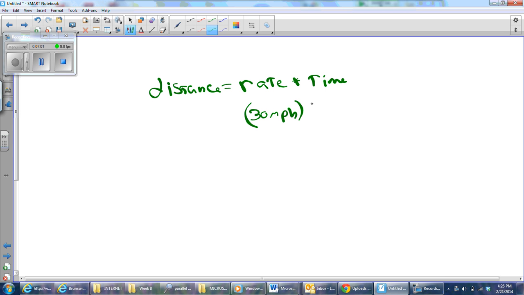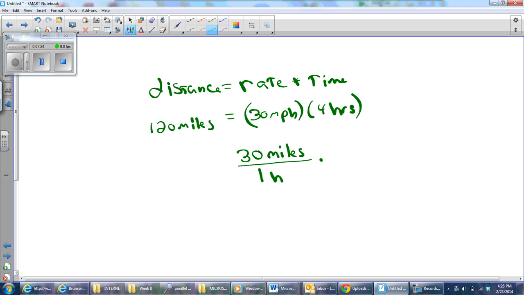In other words, if you're going 30 miles per hour, that is a rate. And you do that for 4 hours, right? Well, how many miles have you gone? Well, I've gone 120 miles. Now, by the way, let me just show you this. 30 miles per 1 hour times 4 hours.